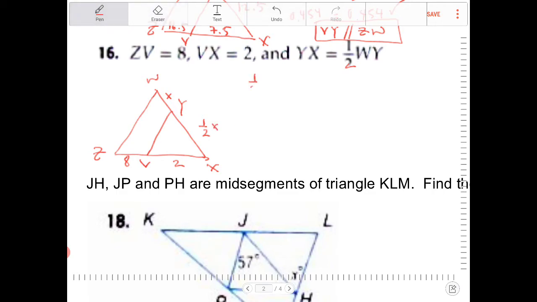So I can say 1/2 x divided by x. Is this going to be the same thing as 2 over 8? So this becomes 1/2 is equal to 1/4. And this is not the case. Because of this, we can say then Zw is not parallel to Vy.